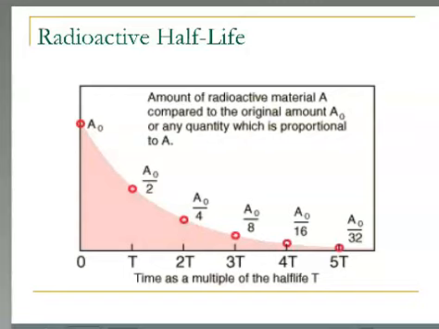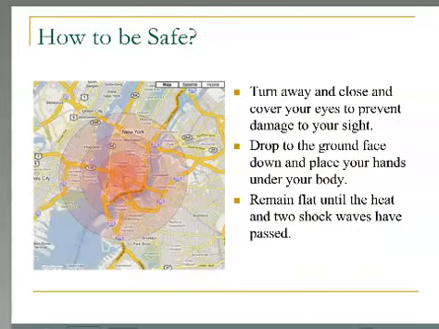If you can't get away, then you have to get to a better shelter, essentially, and wait a few more days before you can attempt to leave. So this is why it's always a good idea, if you're paranoid about being caught in a nuclear explosion, to have a 72-hour kit nearby so that you can live while you're waiting for the radiation to dissipate long enough to get out of there.